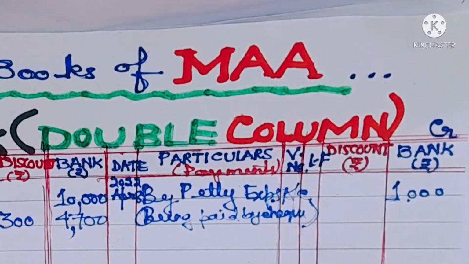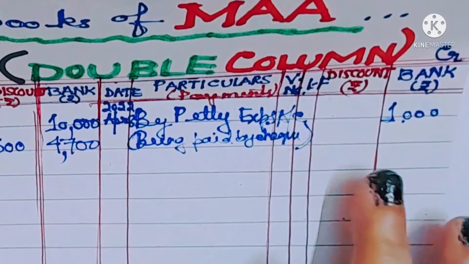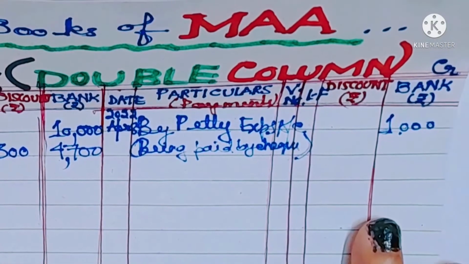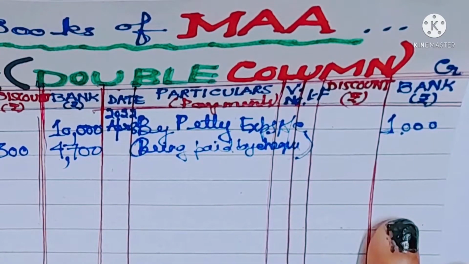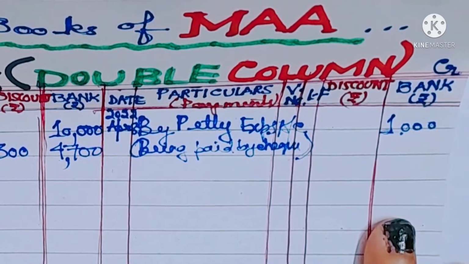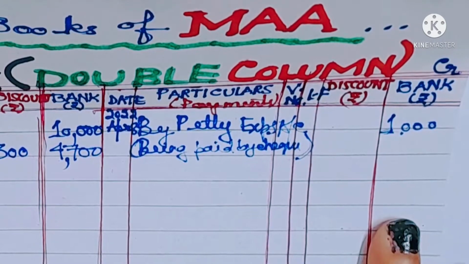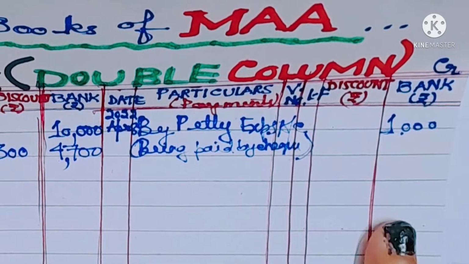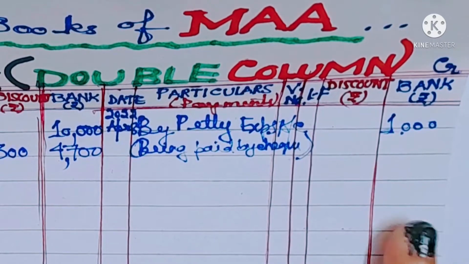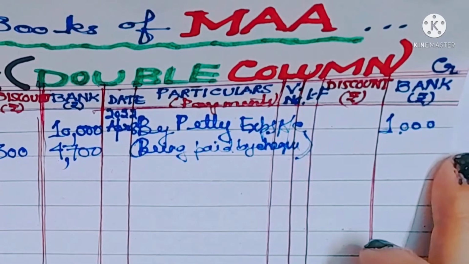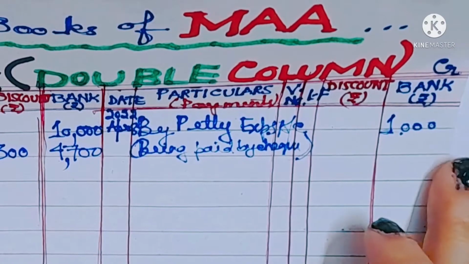Okay, moreover, bank column represents bank account. Bank account comes under personal account. According to personal account, the giver of the benefit is credit. Here, when petty expenses is paid, the bank is the giver of the benefit. So bank account will be credited by 1,000. Okay, now let's see the next transaction.